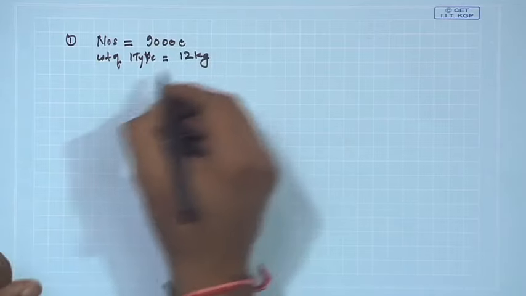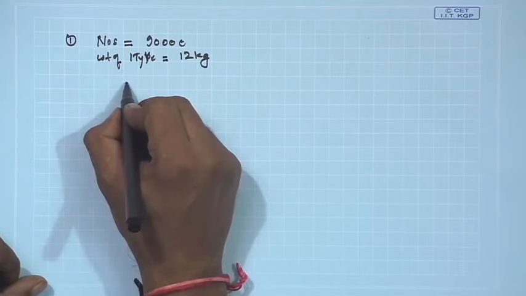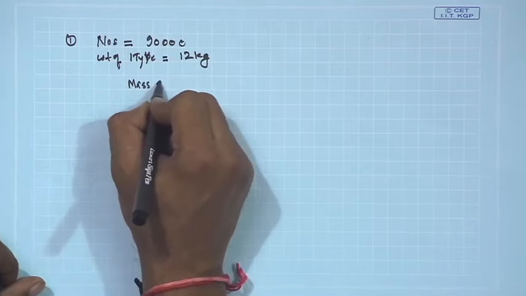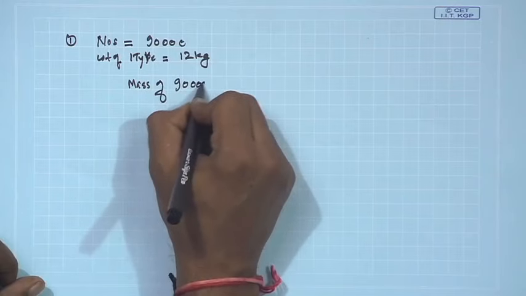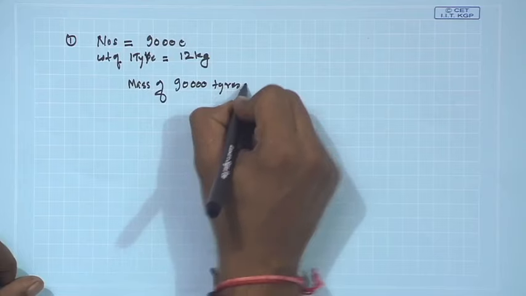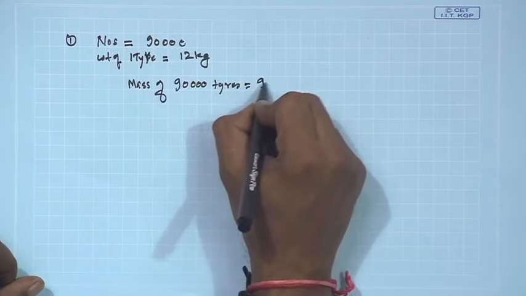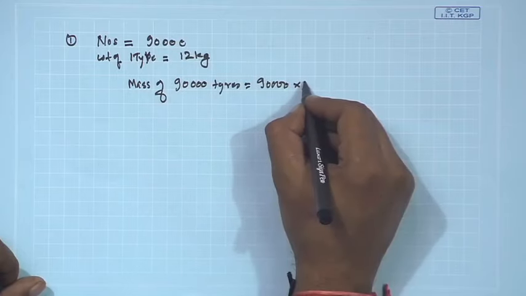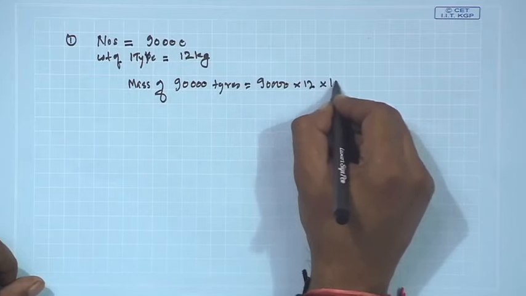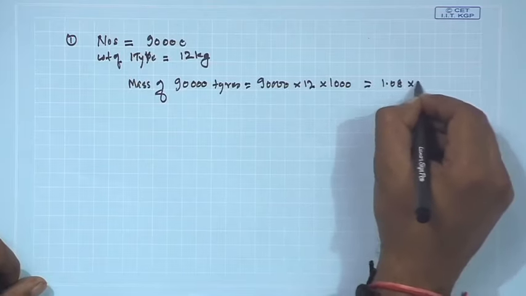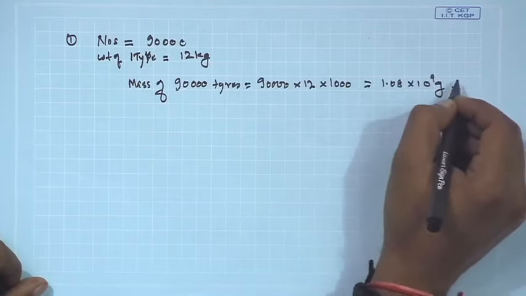So, the mass of the total tires we will calculate in grams. Mass of 90,000 tires equals 90,000 into the individual tire weight, 12, into 1 kg equals 1000 gram, that would give us 1.08 into 10 to the power 9 gram.